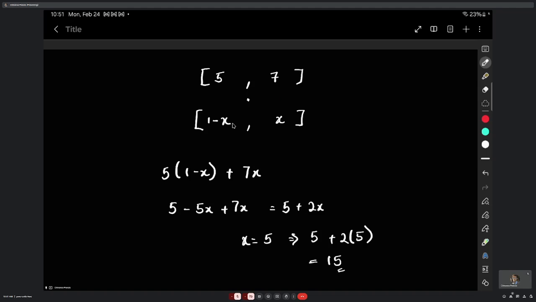Nice. So in this case, what would this array now be? This is 5, this is 7, right?